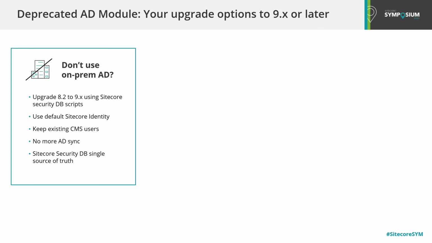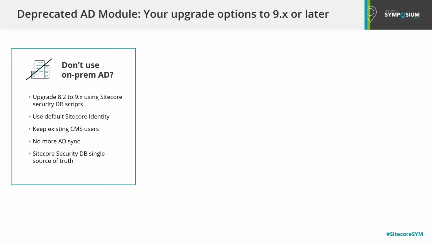All right, we will start with the first option, to not use on-premises AD. If you choose to stop using on-premises AD with your Sitecore instance, then you will need to upgrade from 8.2 to 9.3 or version 10 using the Sitecore provided security database scripts.